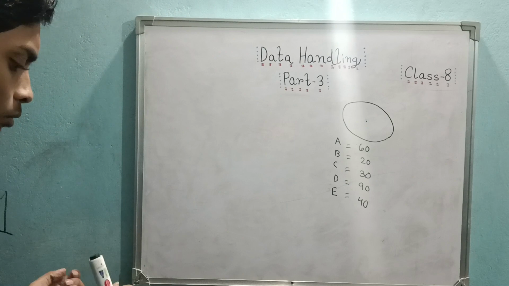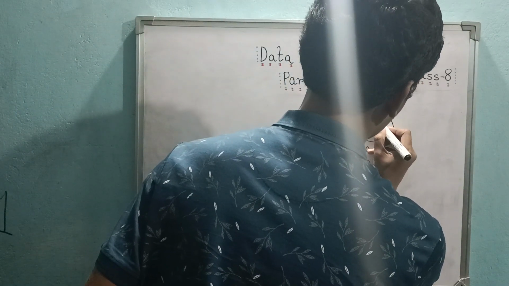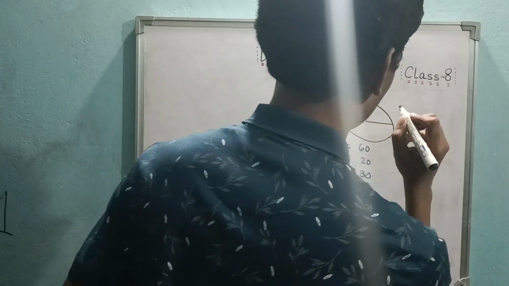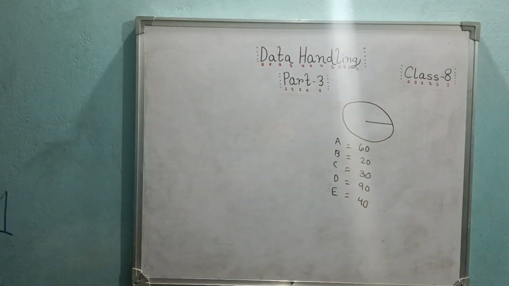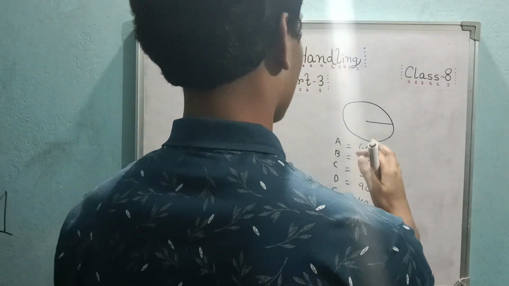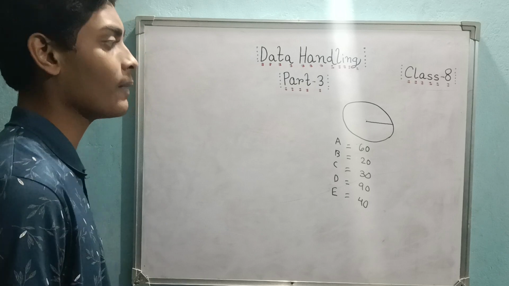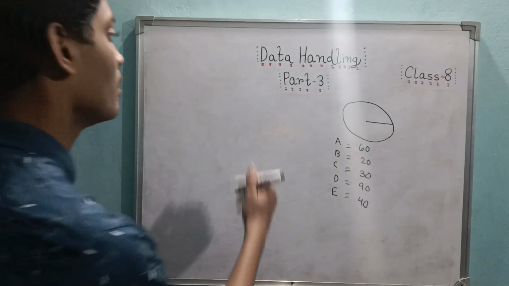So first of all I draw a straight line like this. Then how can you express these frequencies? Here comes the concept of central angle.